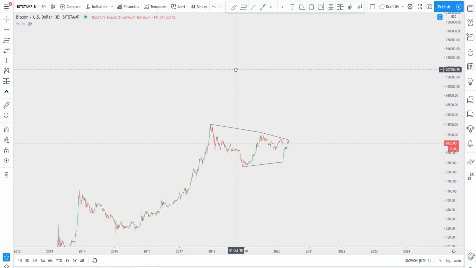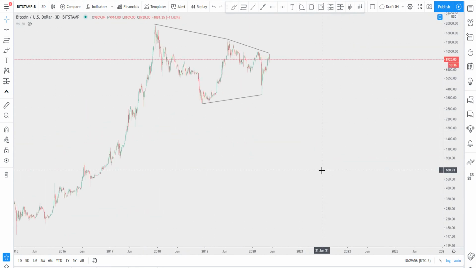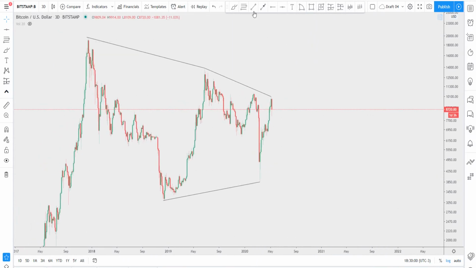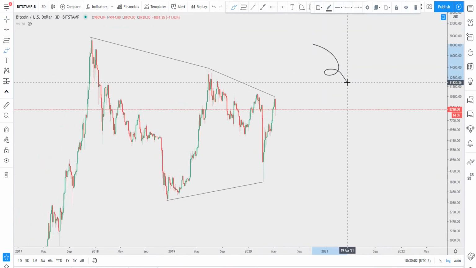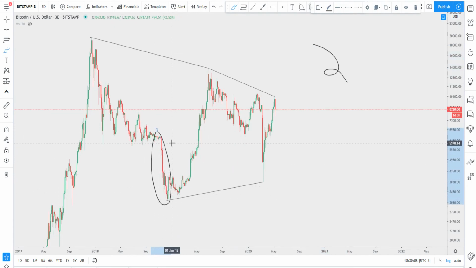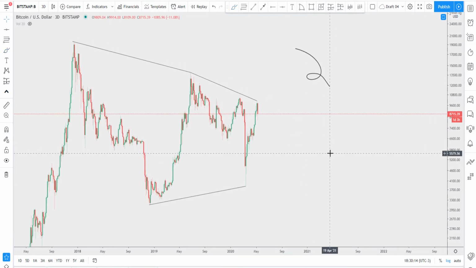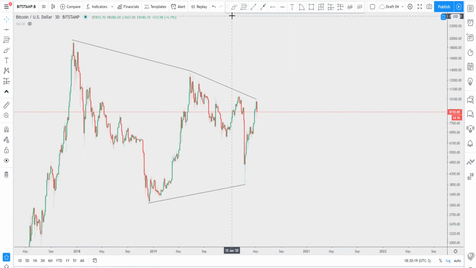So let me zoom back. Okay, and so the second reason why I don't believe we will end up with a strong sell here, like this one and like this one here, is that right now, due to the halving, we know that whales are not dumping Bitcoin.